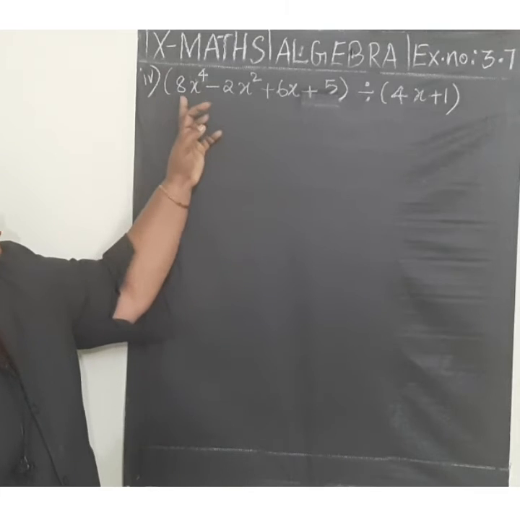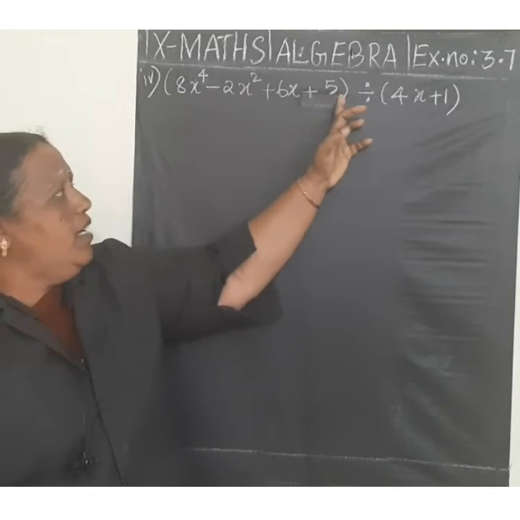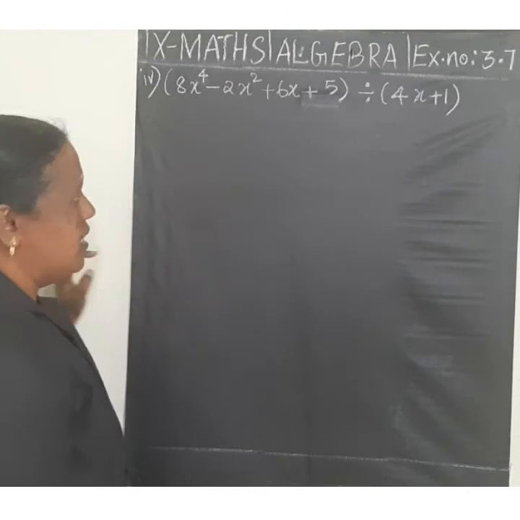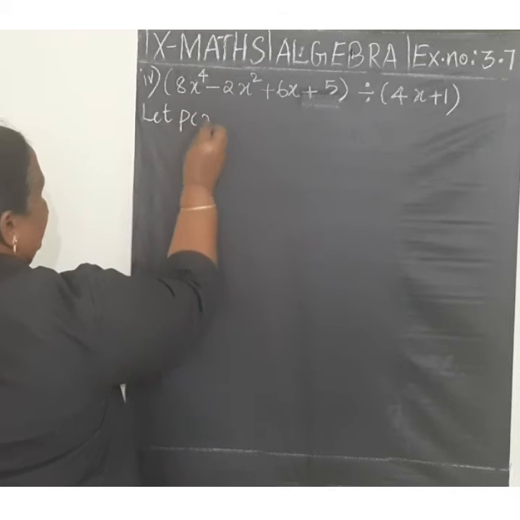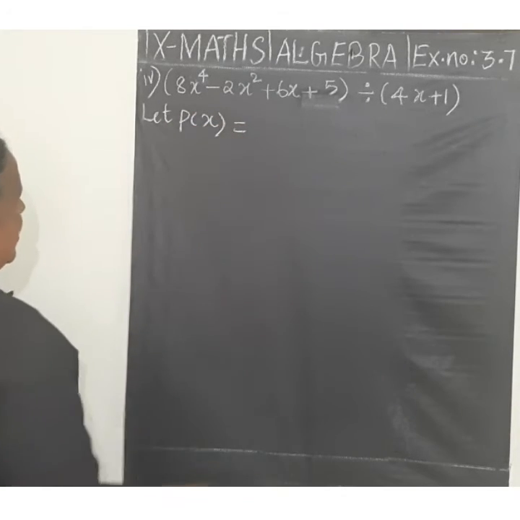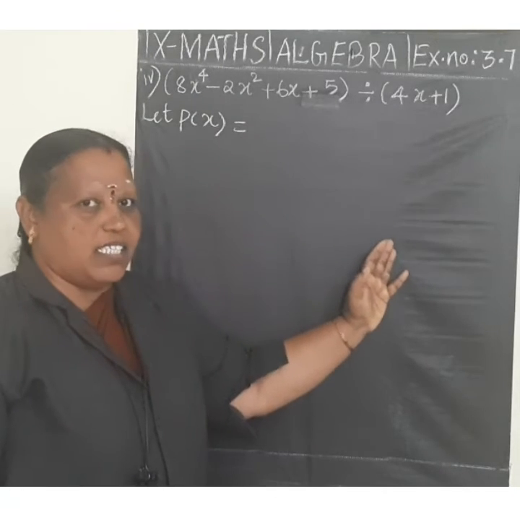Next, the fourth subdivision: 8x power 4 minus 2x square plus 6x plus 5 divided by 4x plus 1. So let P of x be equal to, here in the last sum they had given the x cube term, then the x square term, then the x term and the constant term.